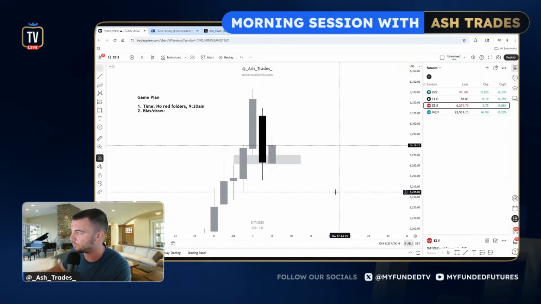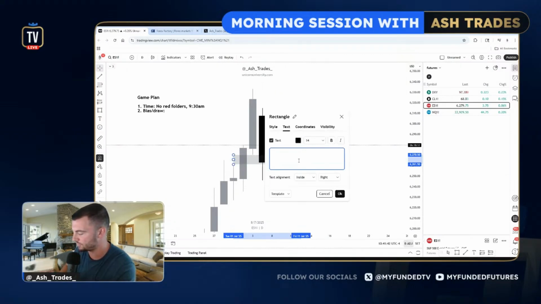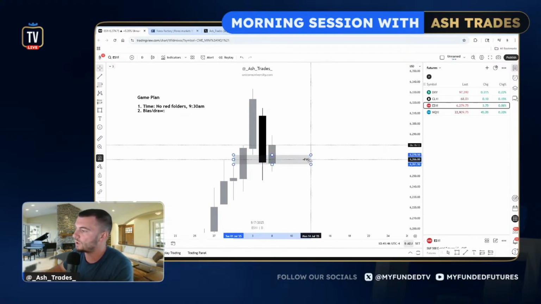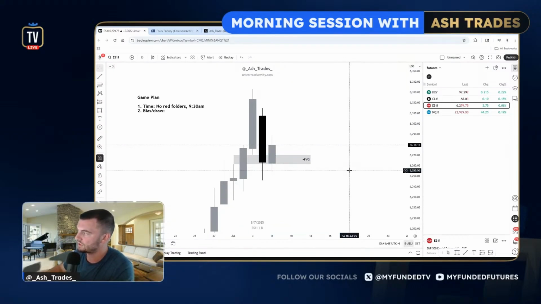Currently, ES is dealing with a bullish FVG, right? So this literally explains the reason why I'm pointing to that long position on the lower time frame. Price is potentially finding support from the bullish FVG.